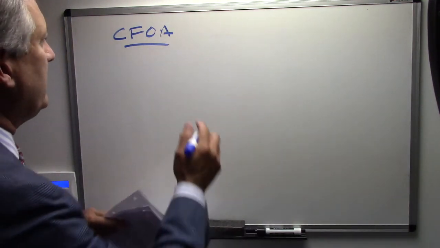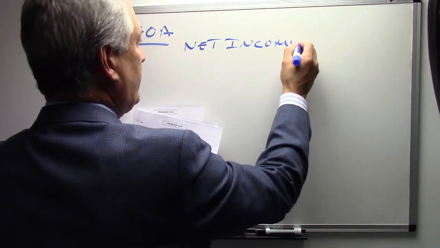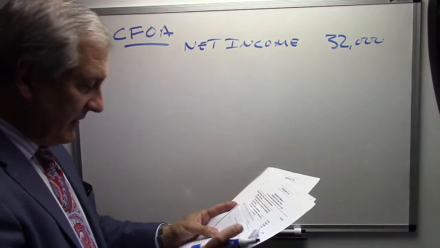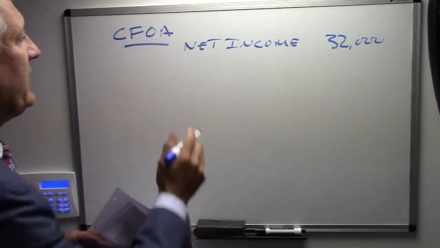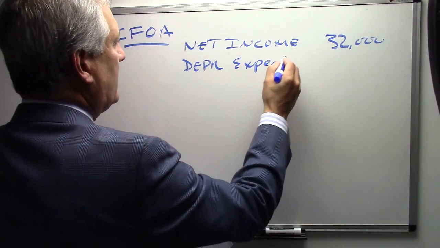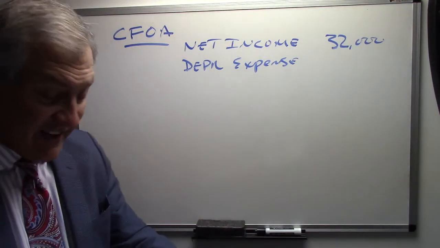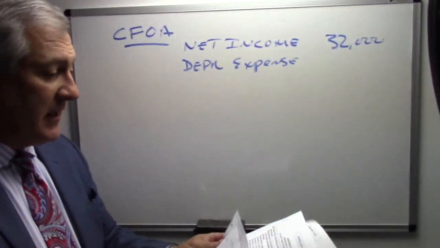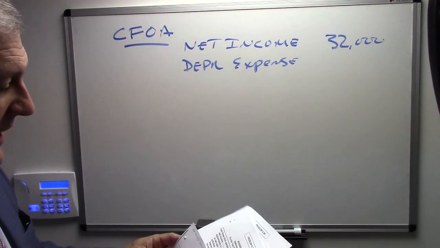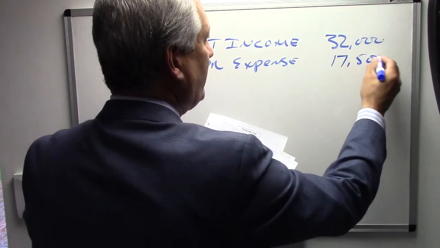And from the income statement, it's very clear that net income is $32,000. And as I've indicated, again, you always want to add back depreciation expense. And that number, although it is not indicated on the income statement, is provided to you in the additional information. Specifically it says item 1, depreciation expense was $17,500.